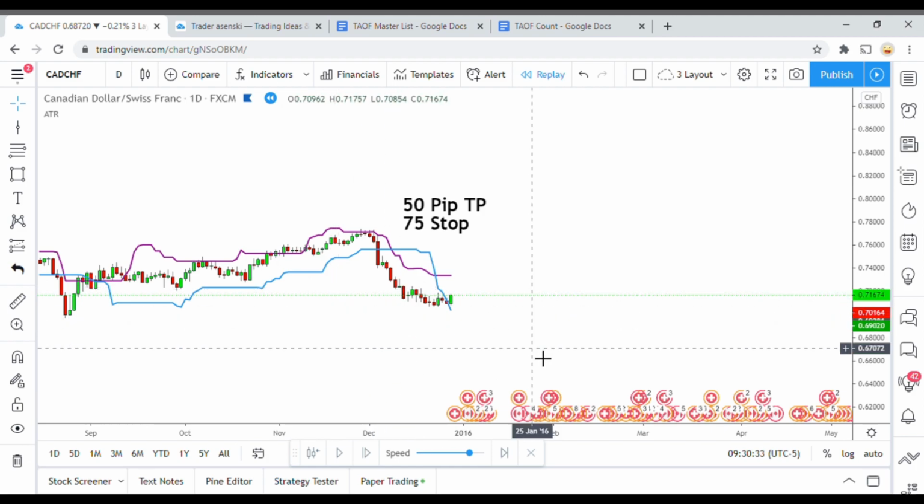And often what we see is that when a move is taking place, price tends to break out of the ATR range that has been created when price action isn't really moving with momentum.